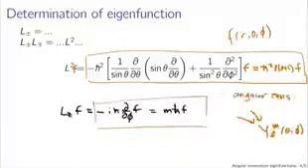So what we've shown here is that the eigenfunctions associated with the L squared and L sub z operators are exactly the spherical harmonics. The spherical harmonics were what we got from a spherically symmetric potential, expressing the time-independent Schrödinger equation in spherical coordinates.